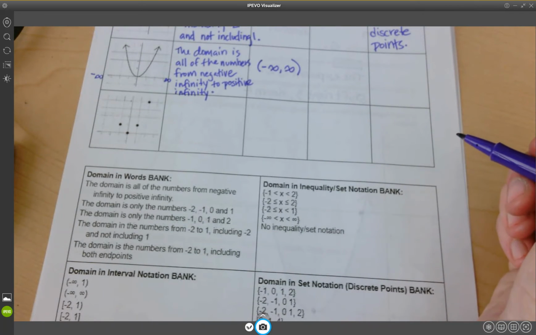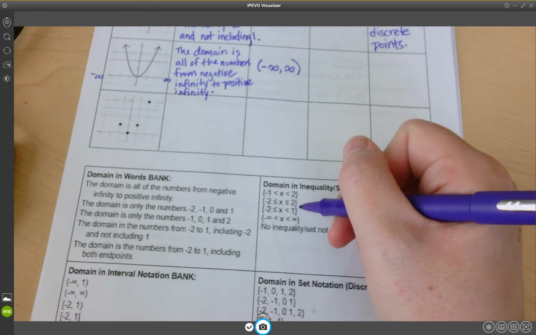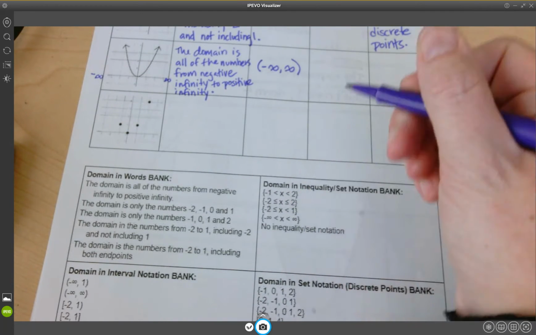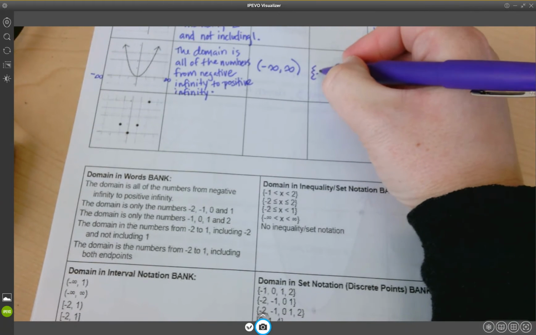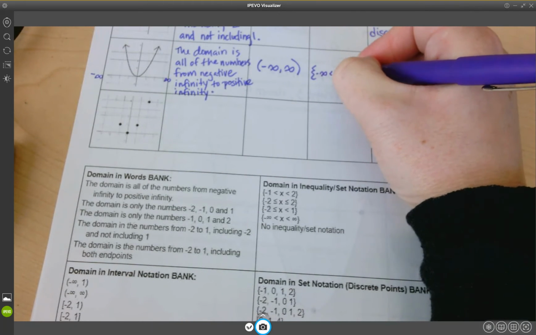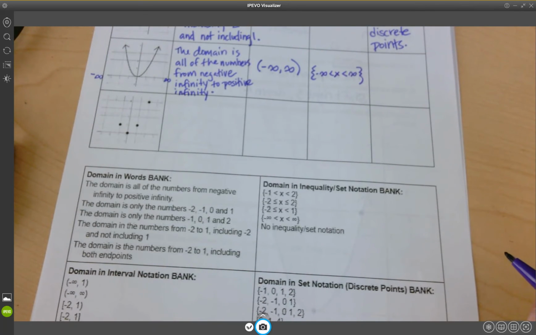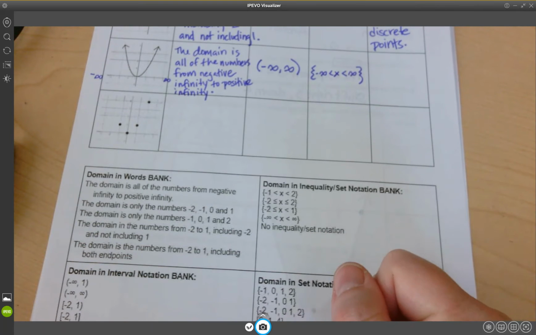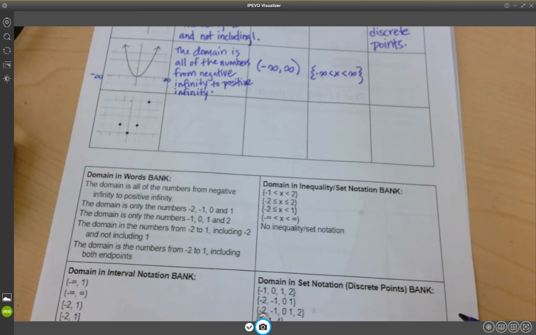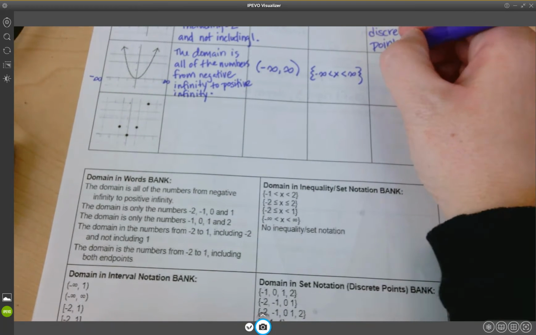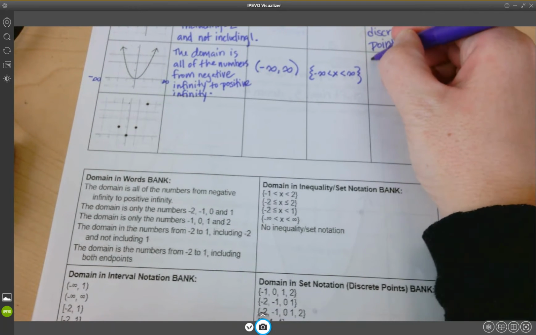Then looking for the inequality notation, here it is: -infinity is less than x, which is less than +infinity. And then finally, looking for a set of points, if I want all of the numbers from -infinity to +infinity, I can't list them all, so I'm going to use this again, no set notation of discrete points.